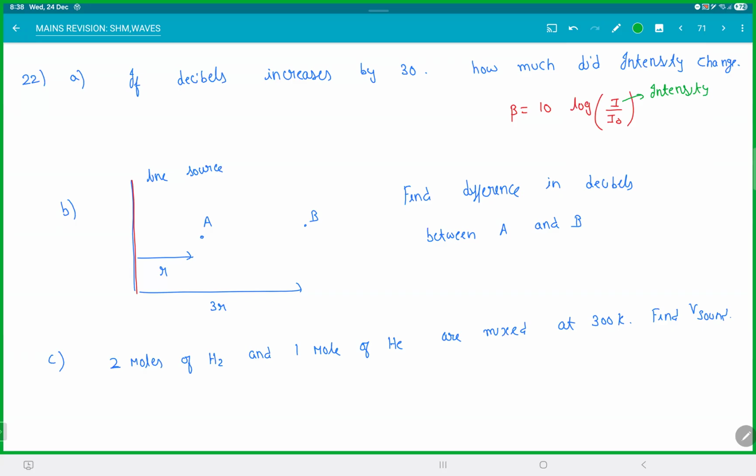I naught is 10 power minus 12 watt per meter square. It's a log scale. So if you increase the decibels by 30, how much did the intensity change? Meaning, did it become double? Did it become 10 times? Did it become 100 times? Like that.